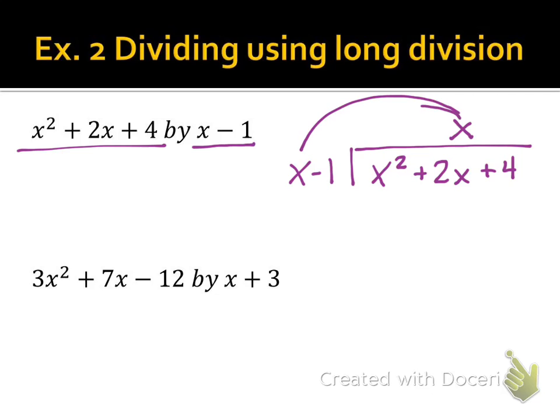And then this is what you do. I multiply that x by both terms that I have on the outside. x times x is? x squared. x times negative 1 is? Negative 1x. Okay? Now, here's the rule that you have to remember. After you do that, you change the signs in what you just multiplied.